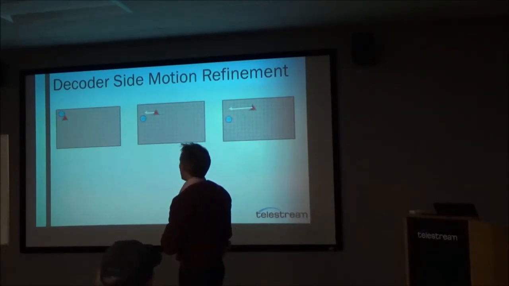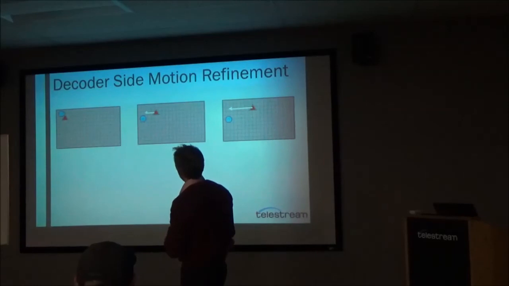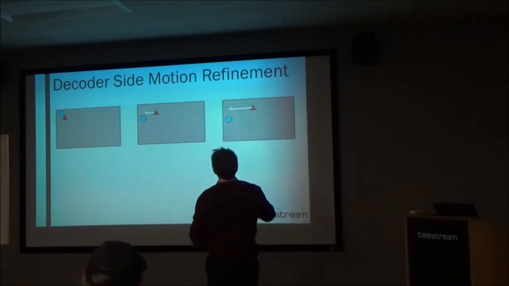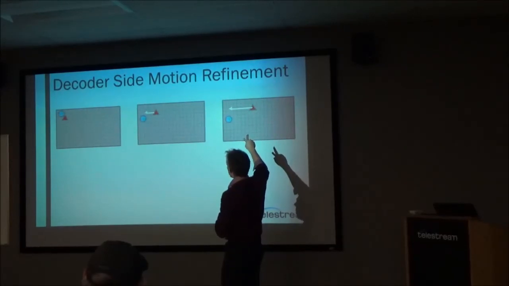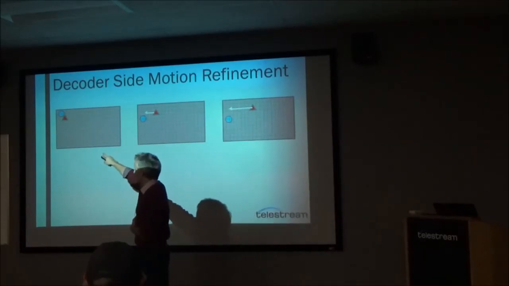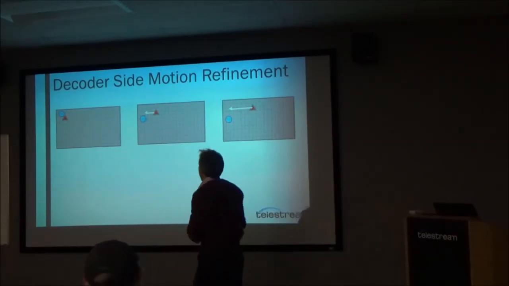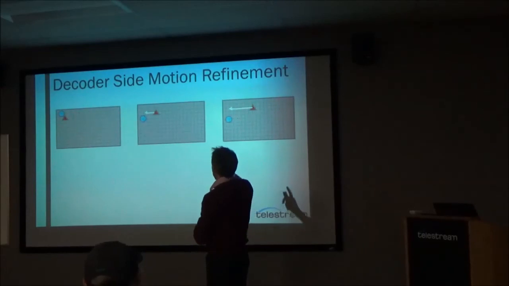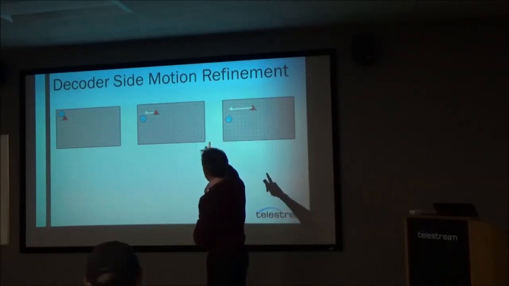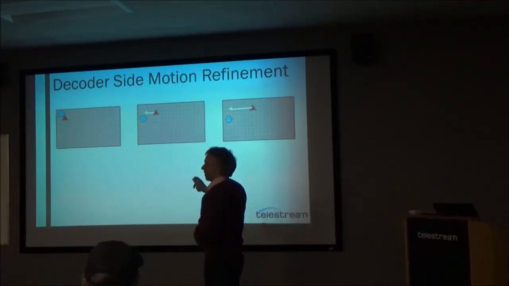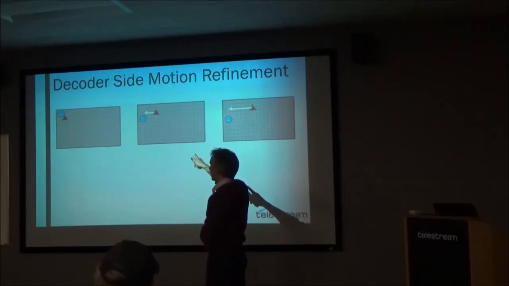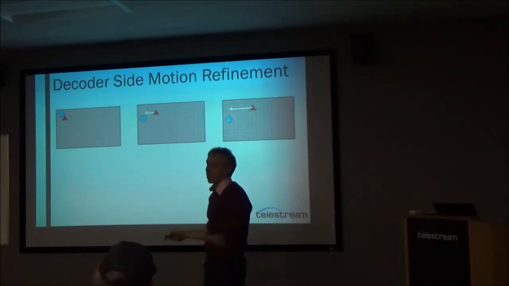But the decoder could actually maybe help me here, because if the decoder was able to do its own motion searching, so it was able to search from this picture into this picture, and then say that probably in the in-between picture, that red triangle is halfway in between, then the encoder wouldn't have to send over the motion vector for the middle picture because the decoder would already know it.